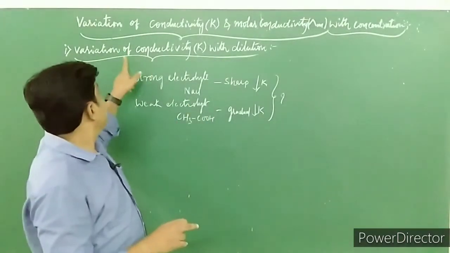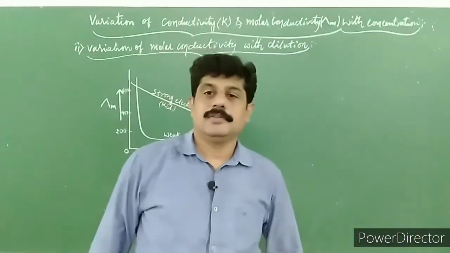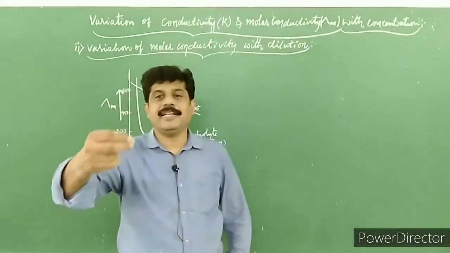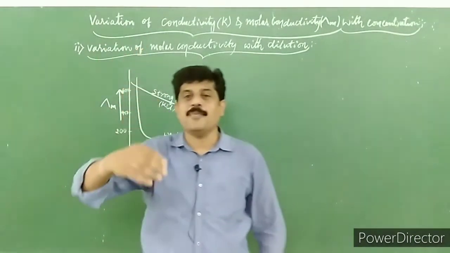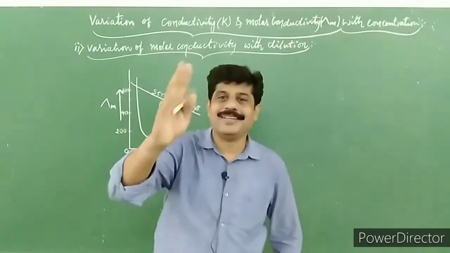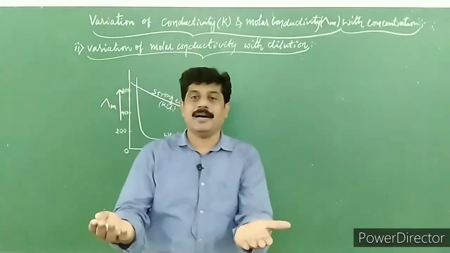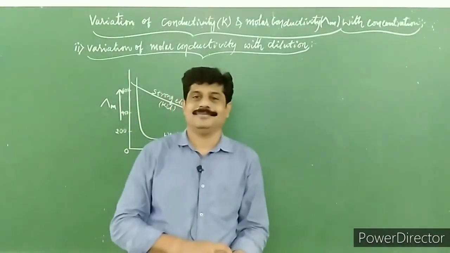What is that? Variation of molar conductivity with dilution. Children, after understanding variation of conductivity with dilution, let me go for the second one, variation of molar conductivity with dilution. Molar conductivity is nothing but conductance of 1 mole of an electrolyte.